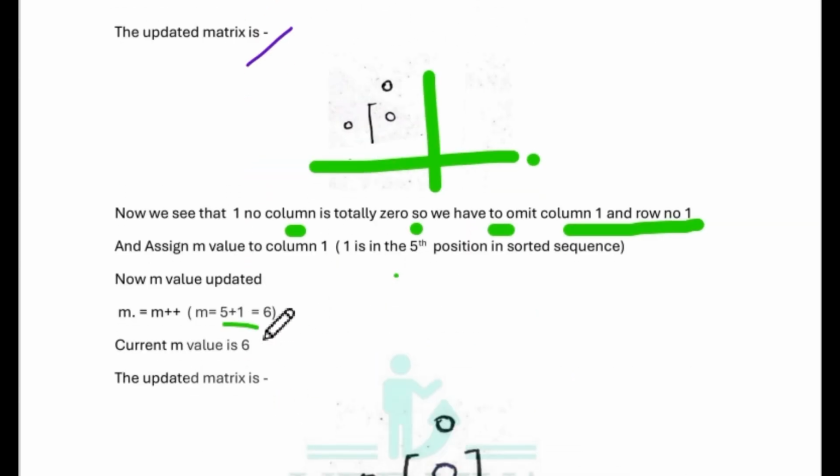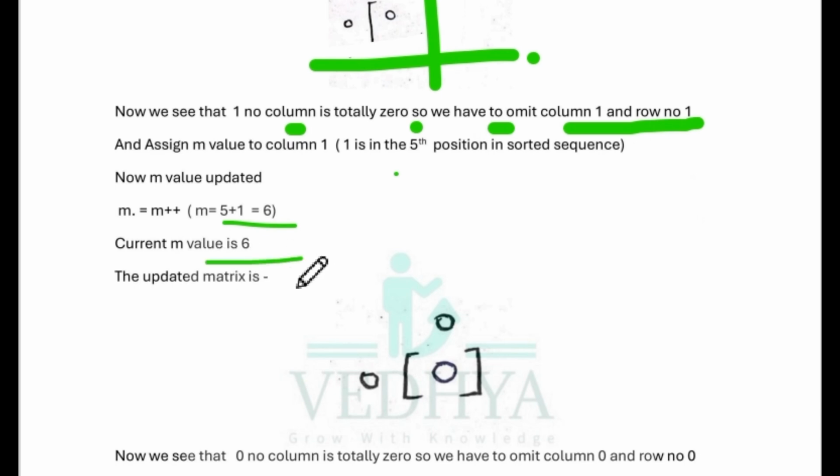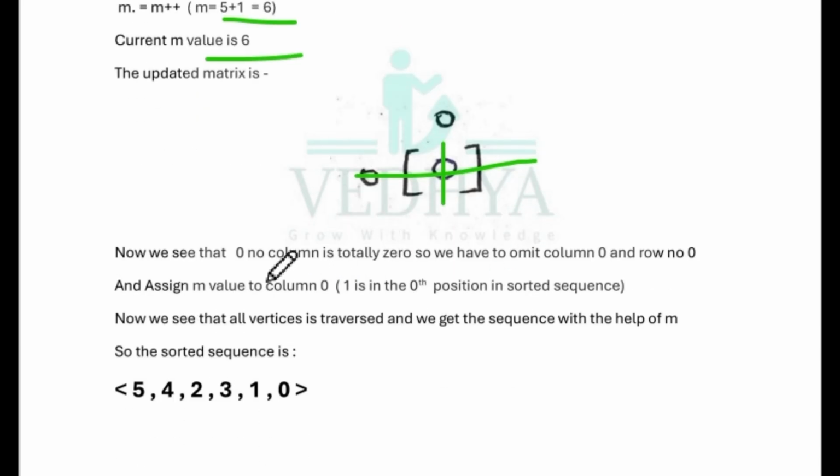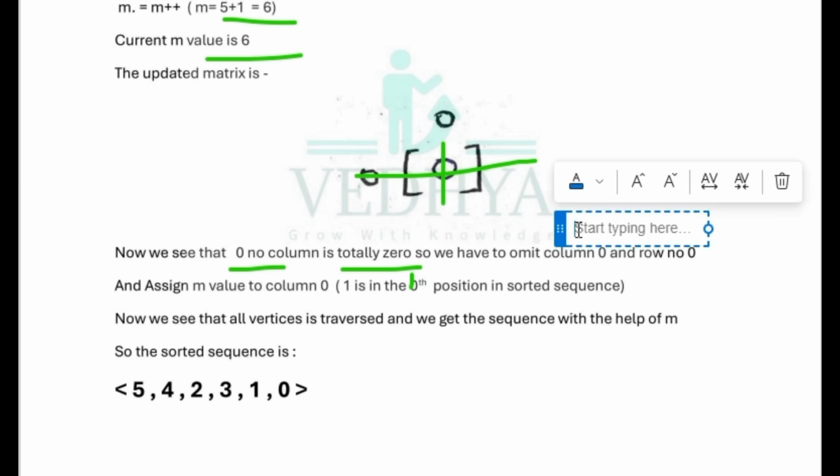The current M value is 6 and the updated matrix has only 0 left, so we discard this one and assign the 0th vertex to the M value. So 0 is in the 6th position.